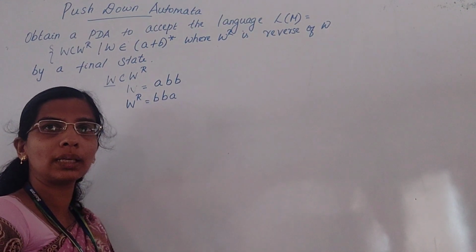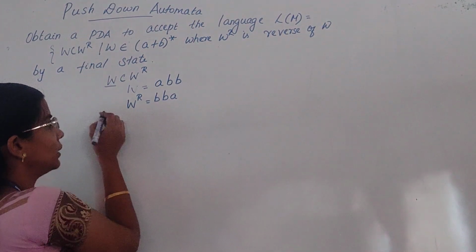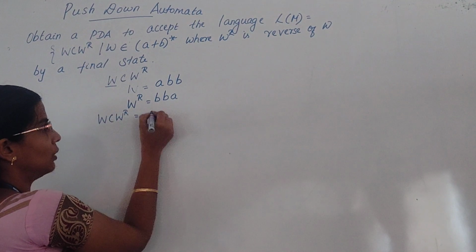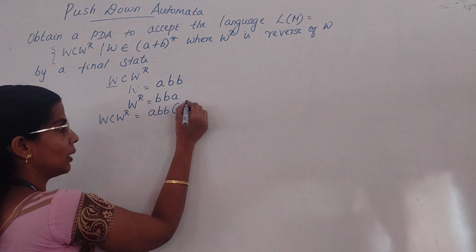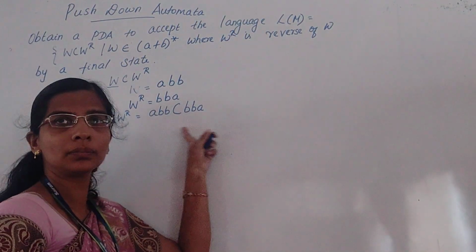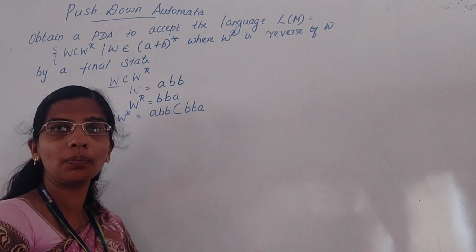Now you write this language W C W^R equal to ABB, then my separator C, then the reverse BBA. What is this string? This string is nothing but a palindrome string.